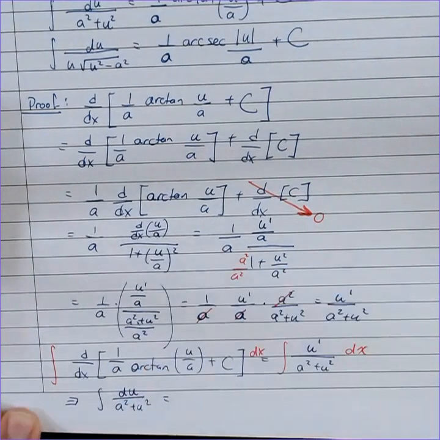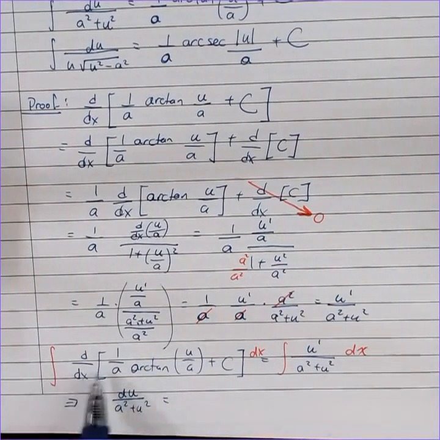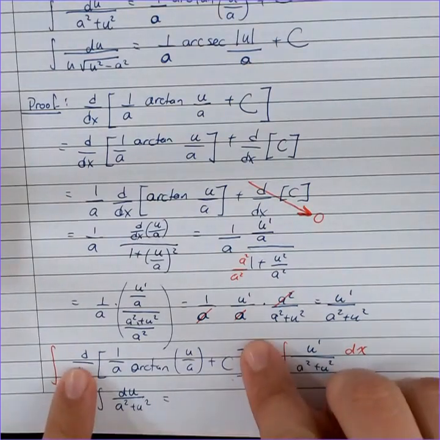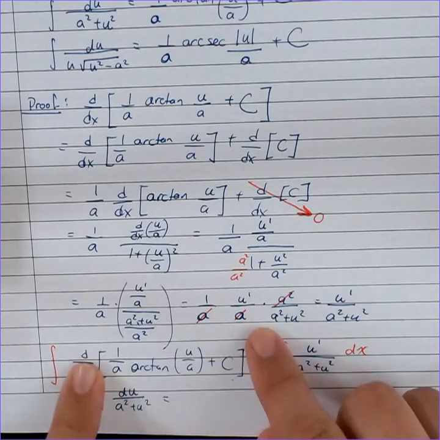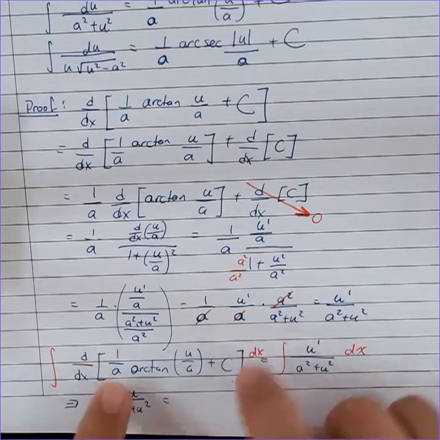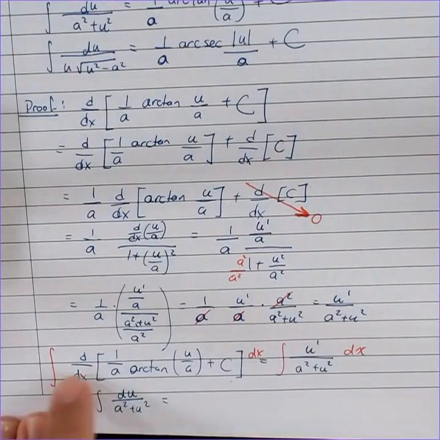So the integral of du over a squared plus u squared is equal to the antiderivative of the derivative of our expression with respect to x. Or, if you want to write it this way, you can even write that as the integral of the differential of all of this expression here. But by the fundamental theorem of calculus, that just gives us our original expression. The antiderivative of the derivative gives us just this function.